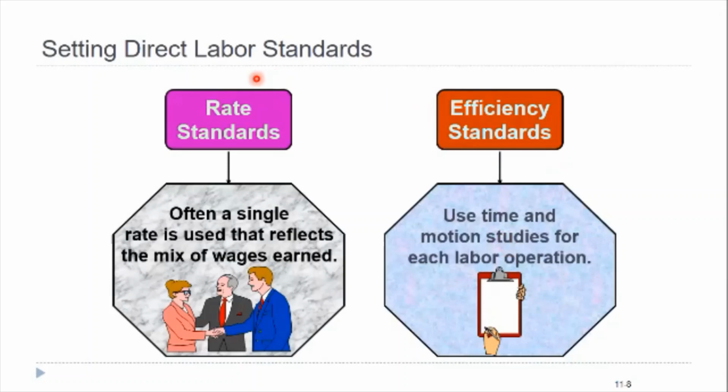Direct labor standards: rate standards, this is actually a price, and the efficiency has to do with quantity again. So although we're calling it rate because you pay labor an hourly rate, efficiency of labor is measured in efficiency rather than in quantity. That's just quantity by a different name.